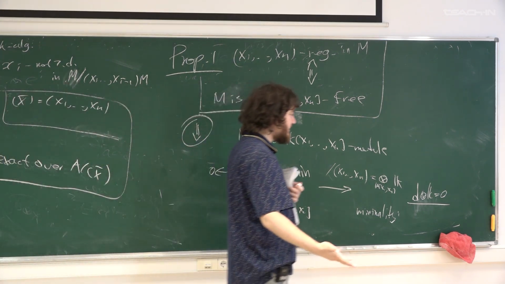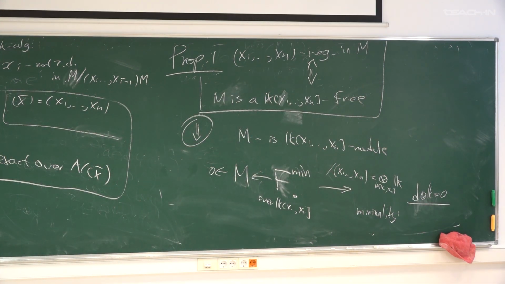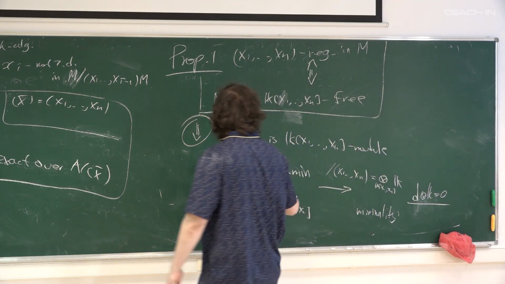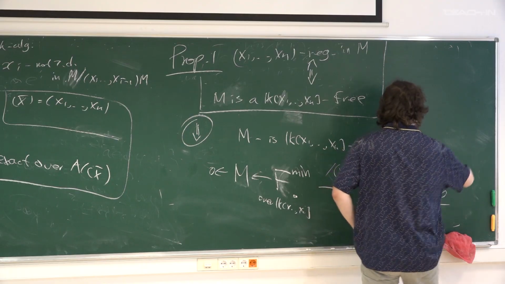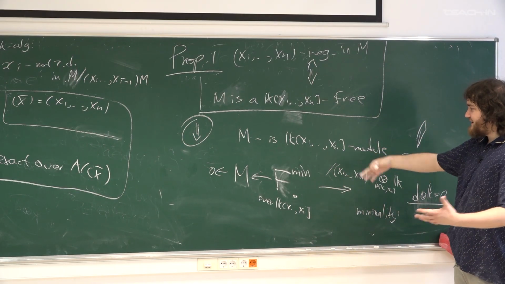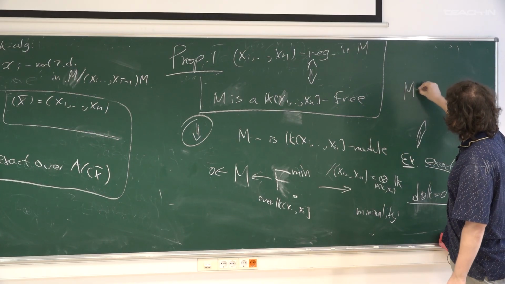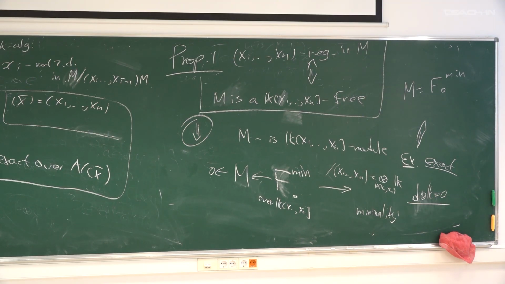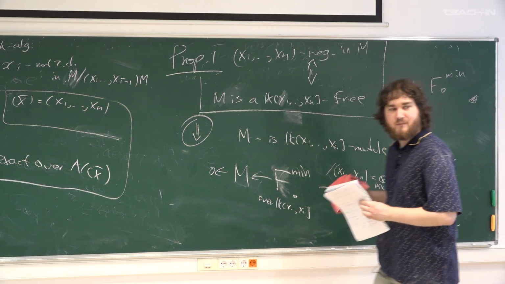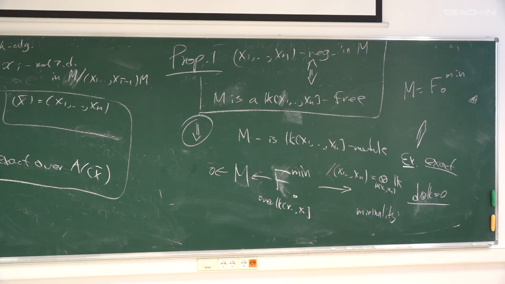So it's exact and with zero differentials, which means that all terms in the free resolution are zero except the last one. So I obtain that M is isomorphic to F minimal. So it's free. It's important that this is an exercise, but this exercise is directly checked. And we know that we have minimal resolutions.